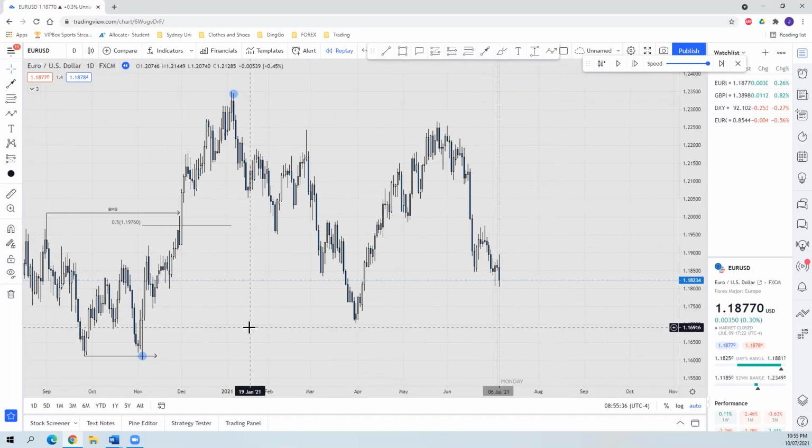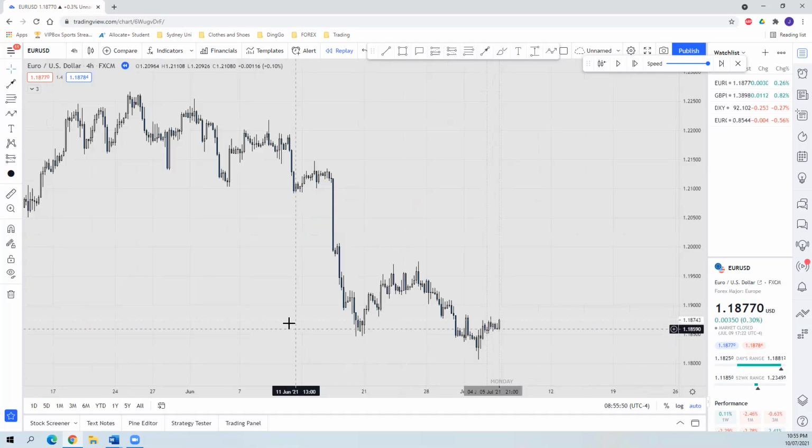Now this is the daily, and then the 4 hour structure is this. Okay, it went higher highs, higher lows, higher highs. I'm sorry. I'm not on the 4 hour yet. Oh yeah. Good. Sorry. So now on the 4 hour, this was the structure.